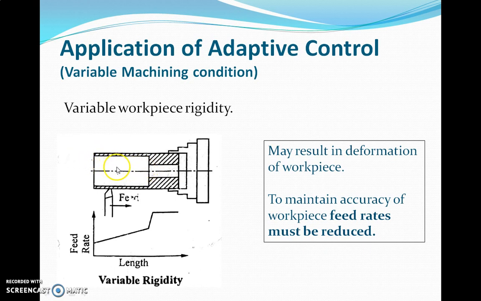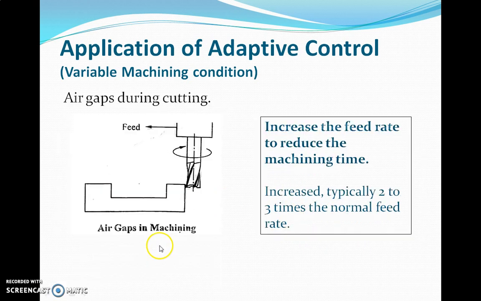So deflection of the workpiece will result in rejection of the part. So deformation can take place, and we of course want to avoid such situations. So to maintain accuracy of the workpiece, feed rates must be reduced over here. It depends on the workpiece, and if we come across thin section workpieces, the system should understand it will bend the object or it is going beyond a certain limit, and accordingly it should reduce the feed rates.